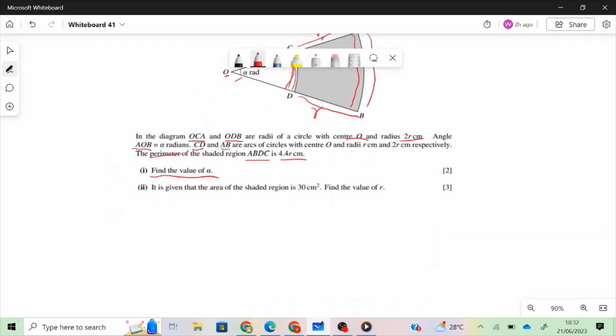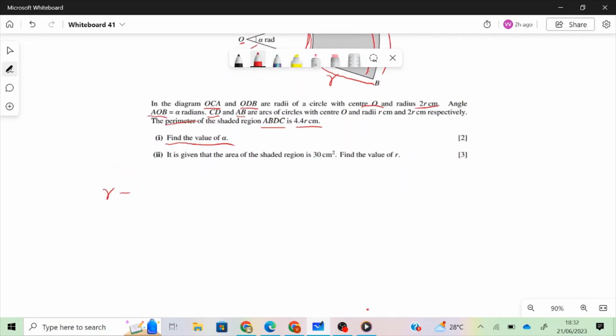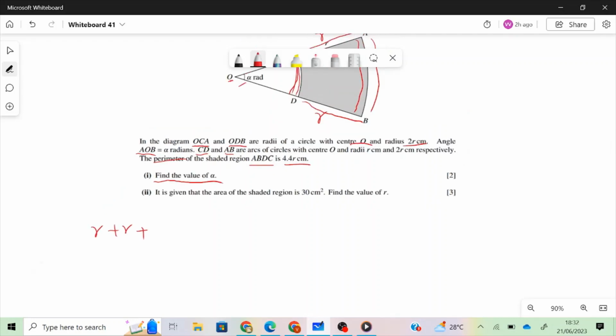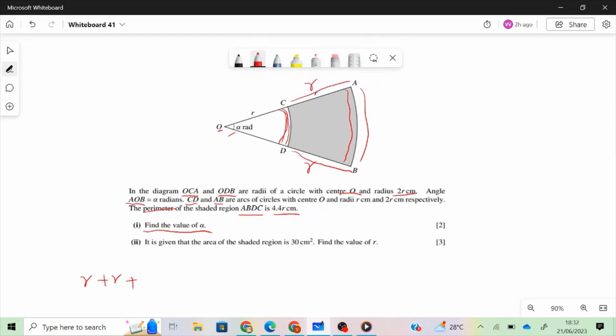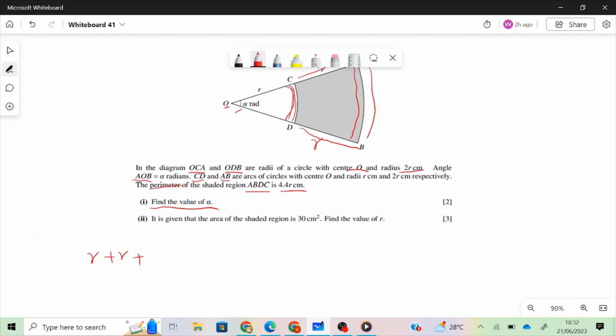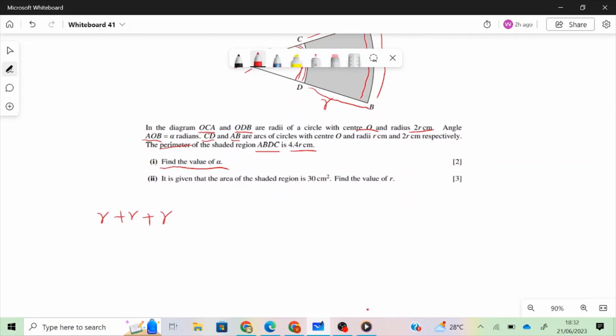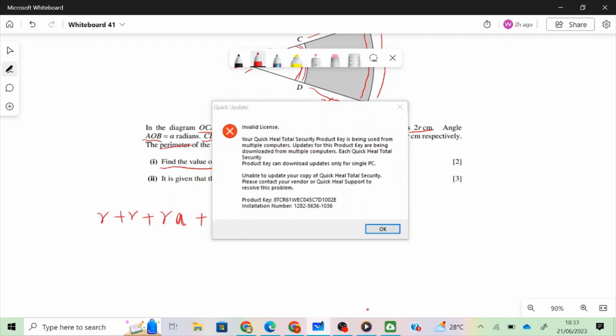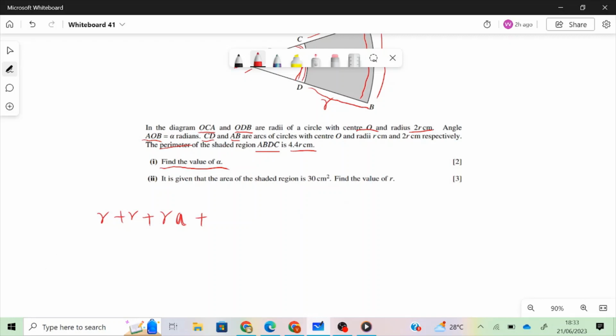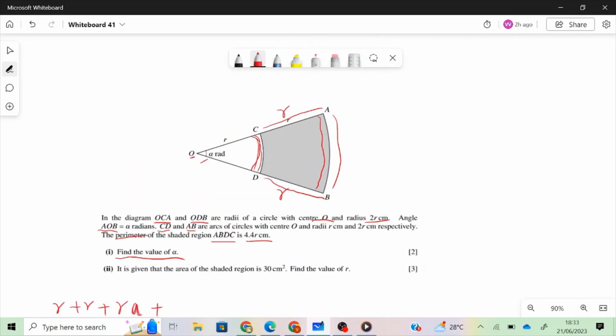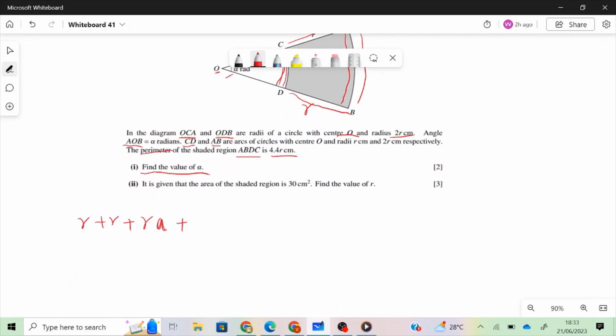So we have something like r plus the smaller arc length, that's CD, which is simply r alpha, plus r, because the arc length formula is r theta and our theta is alpha in this case, plus our arc length of A to B, which in this case would be 2r alpha.